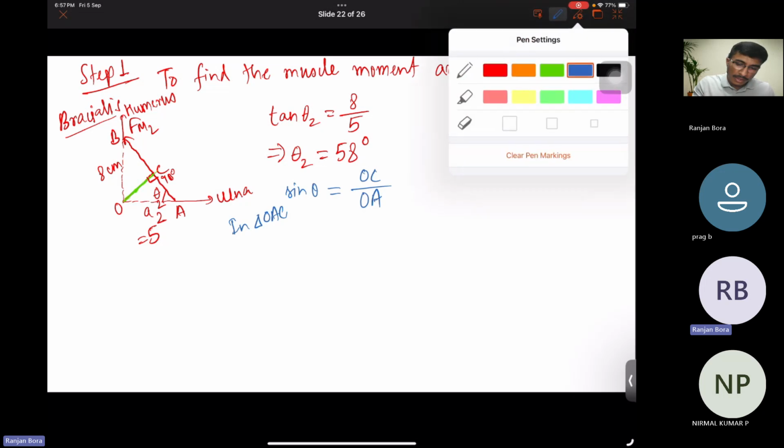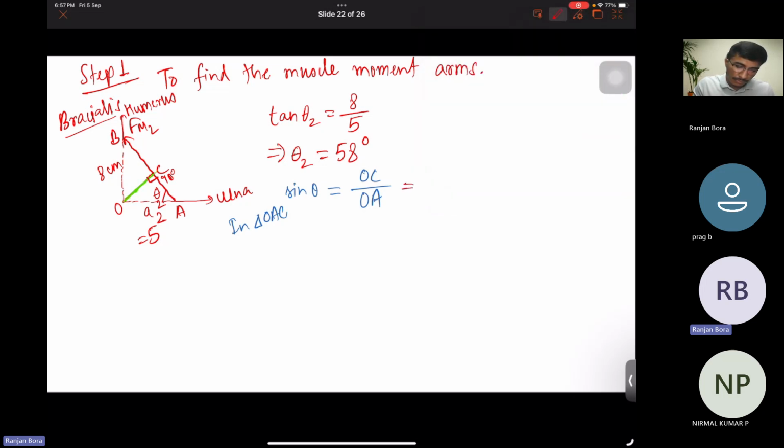So from this we can get OC. OC will be OA into sin theta 2, OA is 5, sin 58, it will be 4.24 centimeter.